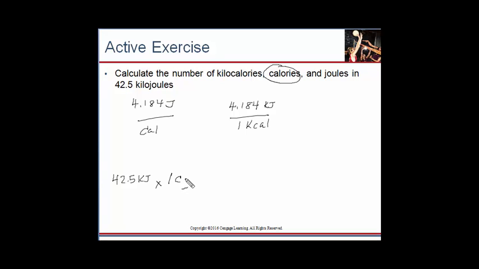In 1 calorie, there's 4.184 joules, but we can't cross out kilojoules and joules, so we need one more conversion factor. How about there are 1,000 joules in 1 kilojoule? Kilojoules now cross out, joules cross out. Our surviving unit is calories. And in your calculator, you would put 42.5 times 1,000 divided by 4.184.